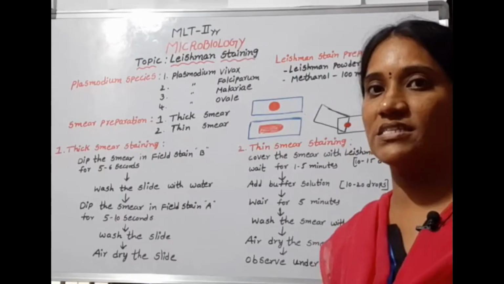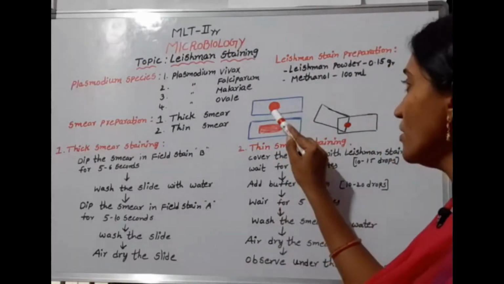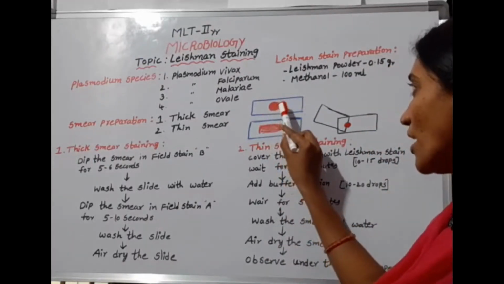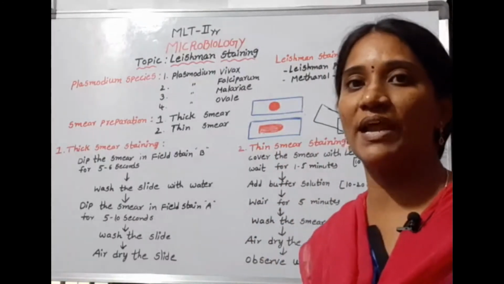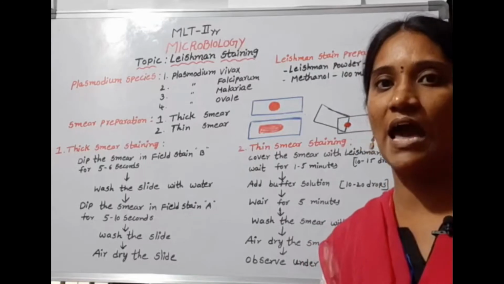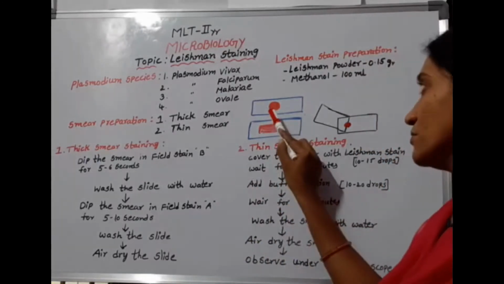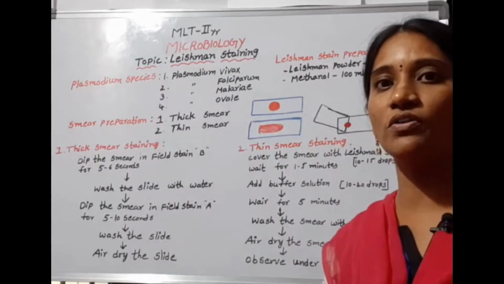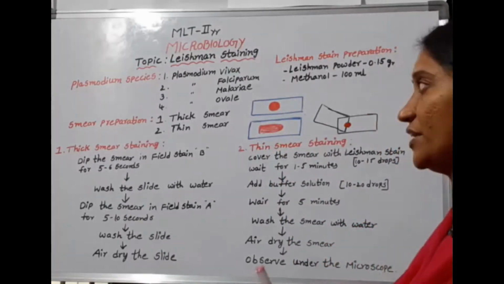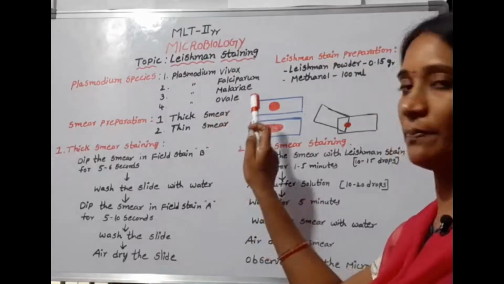Take 2 or 3 drops of blood on the slide and spread it to about 1 centimeter diameter. That is the thick smear preparation.